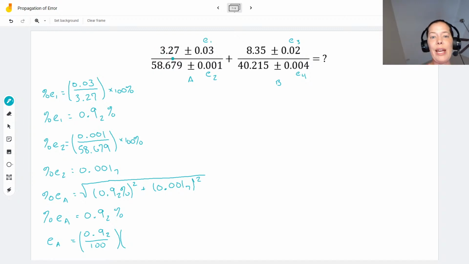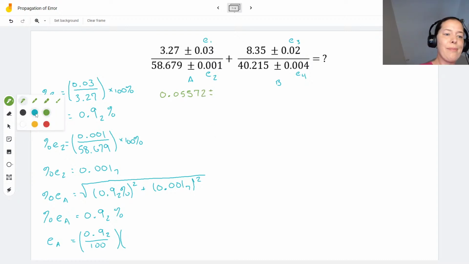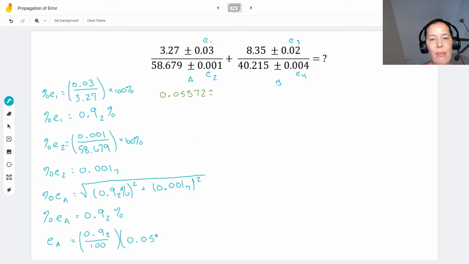If you do that calculation, maybe I'll write it in green under here. This number, just the plain old division part, I'm going to give a couple of decimal places, and then we will get this error in just a second.